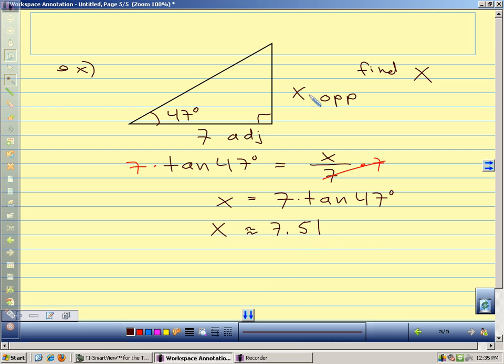So this side of the triangle would be about 7.51 units. Questions on that? Just follow the steps and your problems will come out fine.